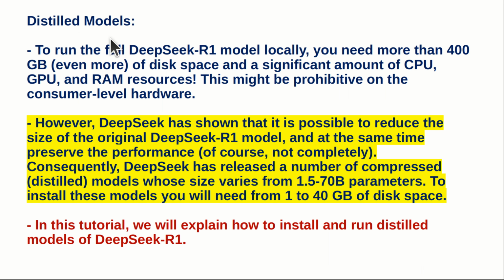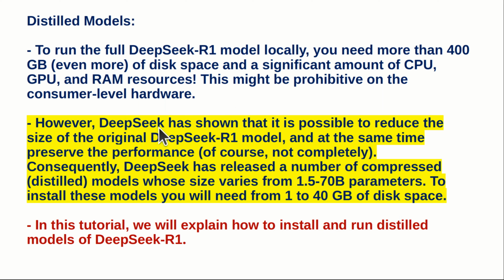Let's first explain what the distilled models are. To run the full DeepSeek R1 model locally, you need more than 400 or even 500 gigabytes of disk space and a significant amount of CPU, GPU, and RAM resources. And this might be prohibitive on consumer level hardware and for us mortals who cannot afford a computer that costs $100,000.